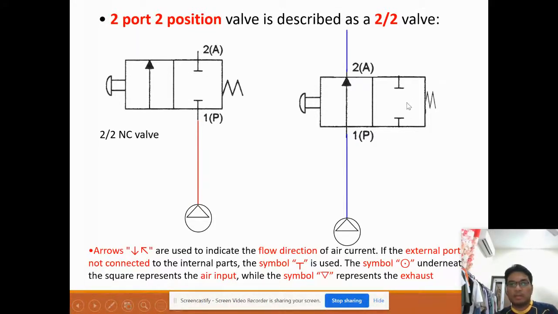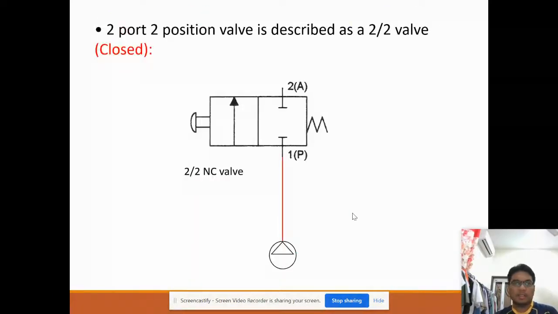When it moves to the second condition, the symbols 1P and 2A are written here, so that is a flow towards the open condition. The arrow here indicates the flow direction. The external port that is not connected is shown as a T symbol like this. The square represents an air input, and this triangle shows an exhaust.